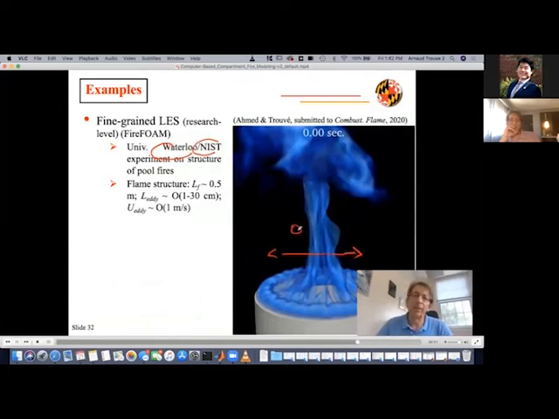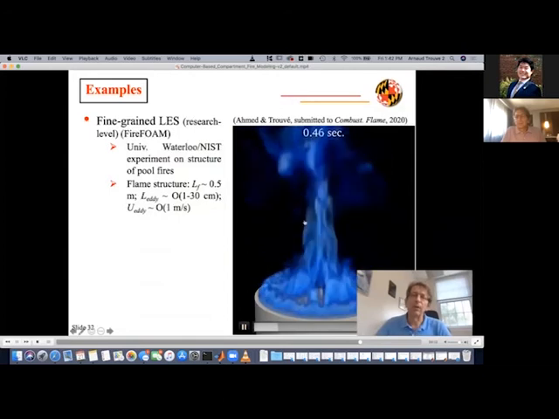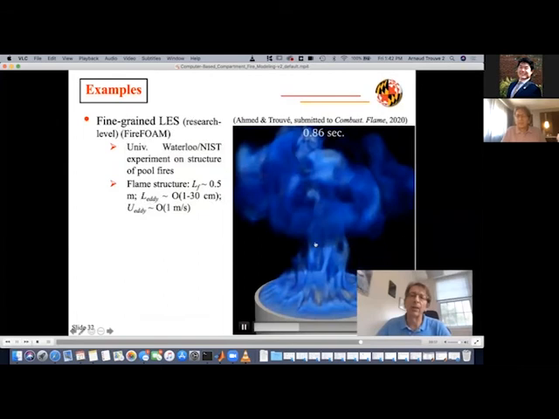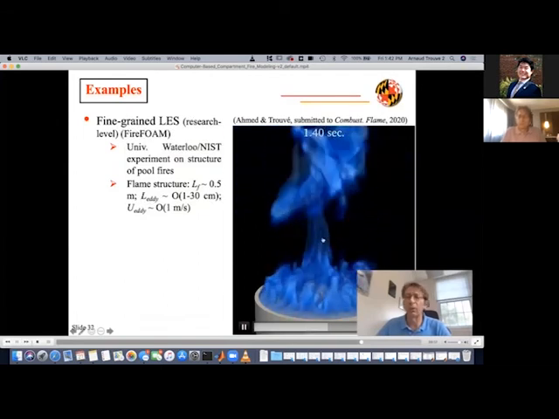The diameter of this liquid pool fire is 0.3 meter, and we are using millimeter scale resolution in this particular simulation. This simulation is characterized by a strong puffing motion, and the goal of the simulation here was to check that we can correctly reproduce the puffing motion structure, and also the level of thermal feedback.